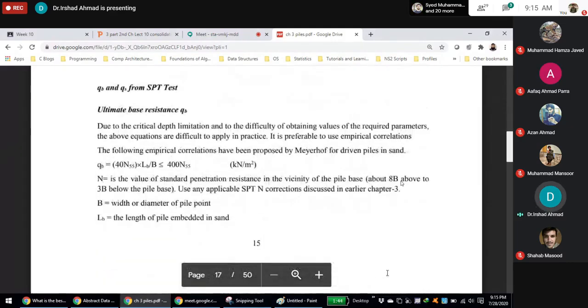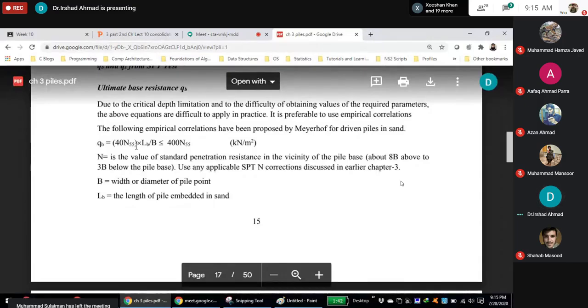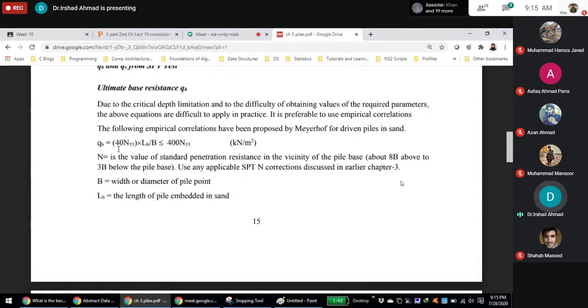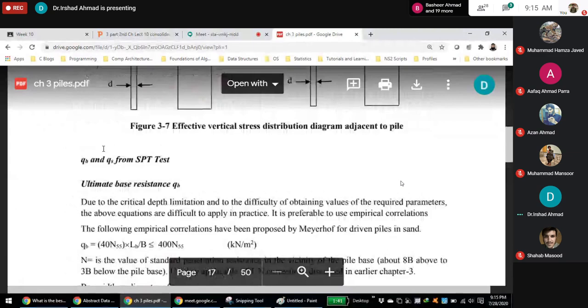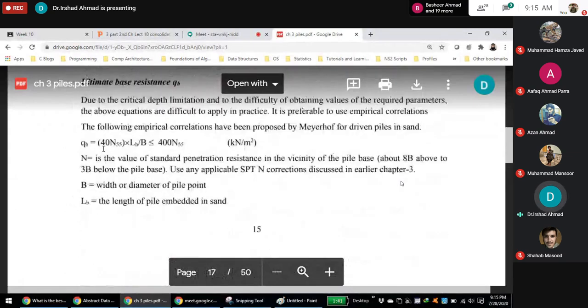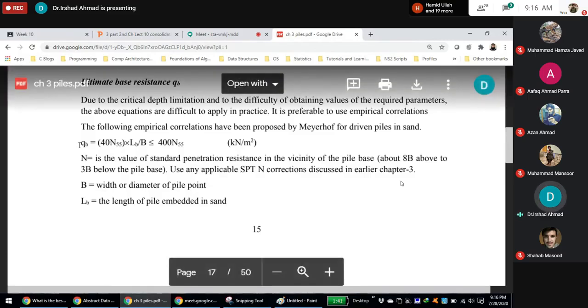How can we find QB and QS from SPT test? For driven piles, this equation is given. Using SPT, you can find QB for driven piles: 40 into N55 into LB by B. LB is the length of the pile, N55 is the SPT value at the base of the pile because you are finding QB.